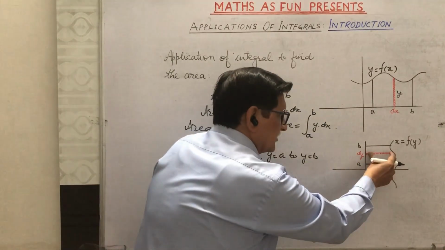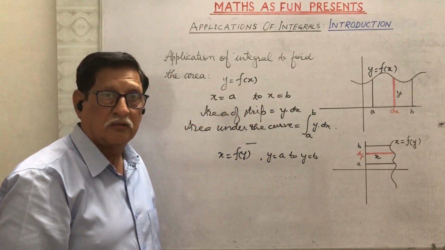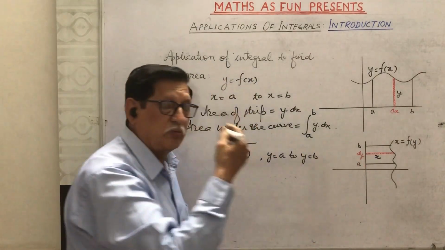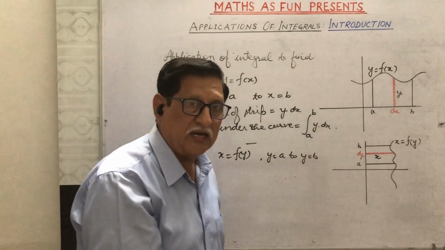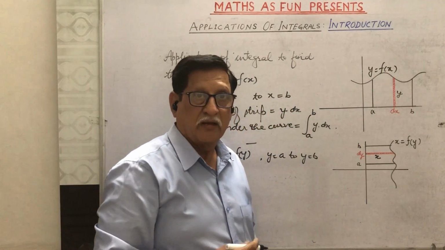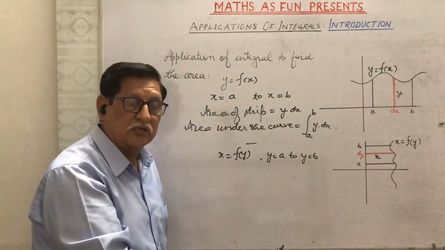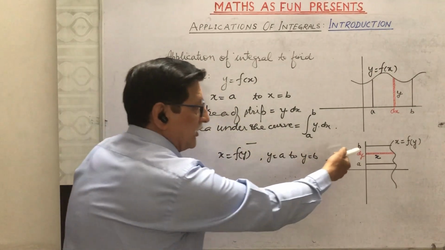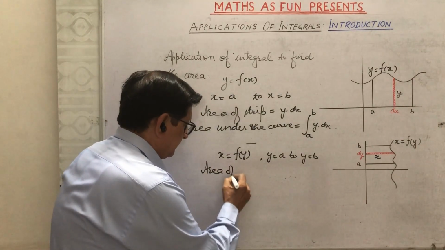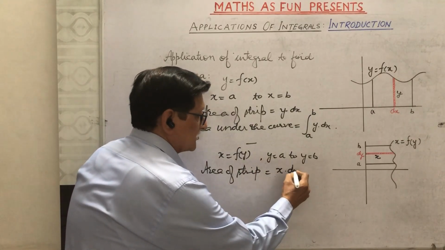And then the length of this particular strip will be considered as x. dy is very small, so we can say that this will also act as a rectangle. And if it is a rectangle, the area of the strip will be given by x into dy. Area of strip is equal to x into dy.